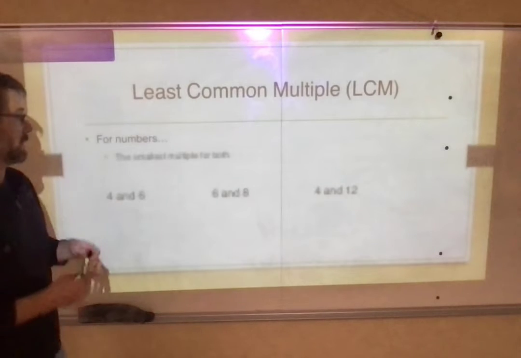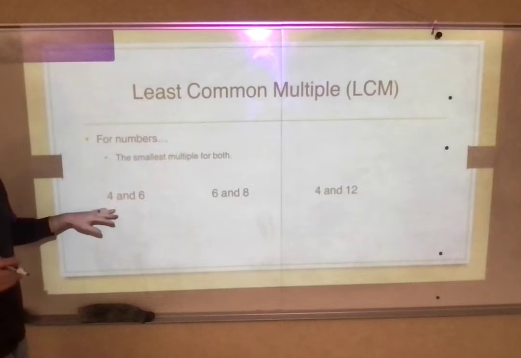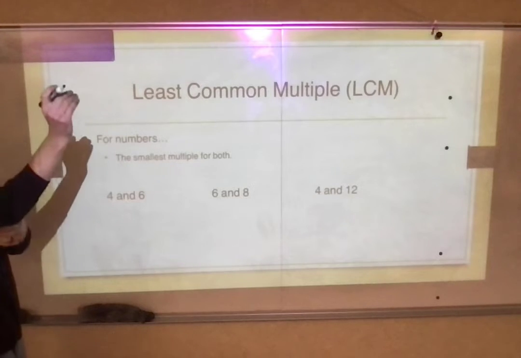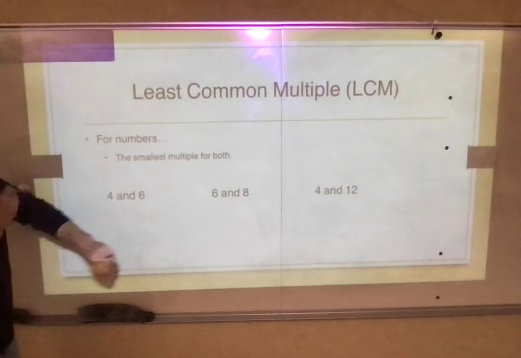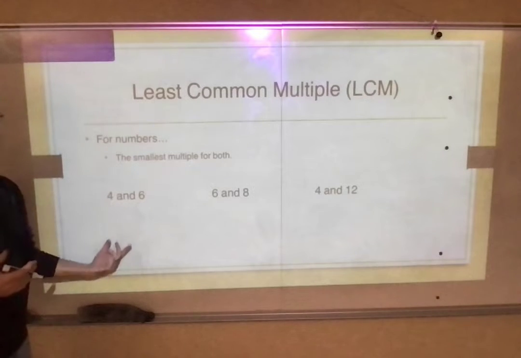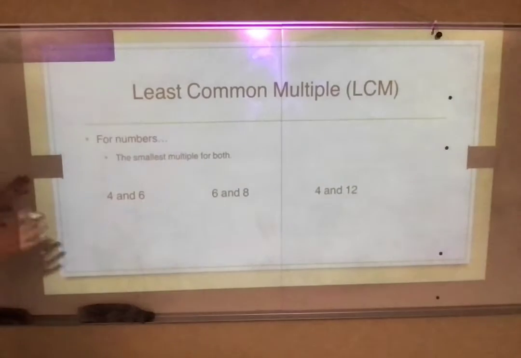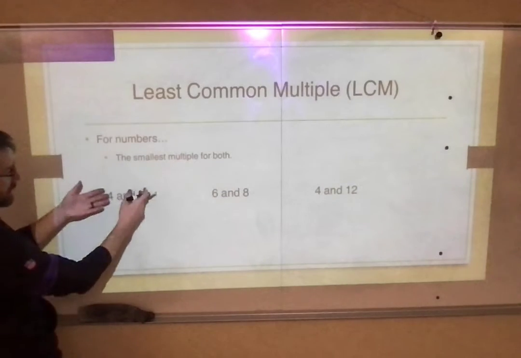Okay, so if we are looking for just numbers, no x's, no y's, anything like that, all we're doing is looking for the lowest common multiple. What that means is if I was counting by 4s and counting by 6s, where's the first place that they would match? You can literally just do this by counting out the numbers.